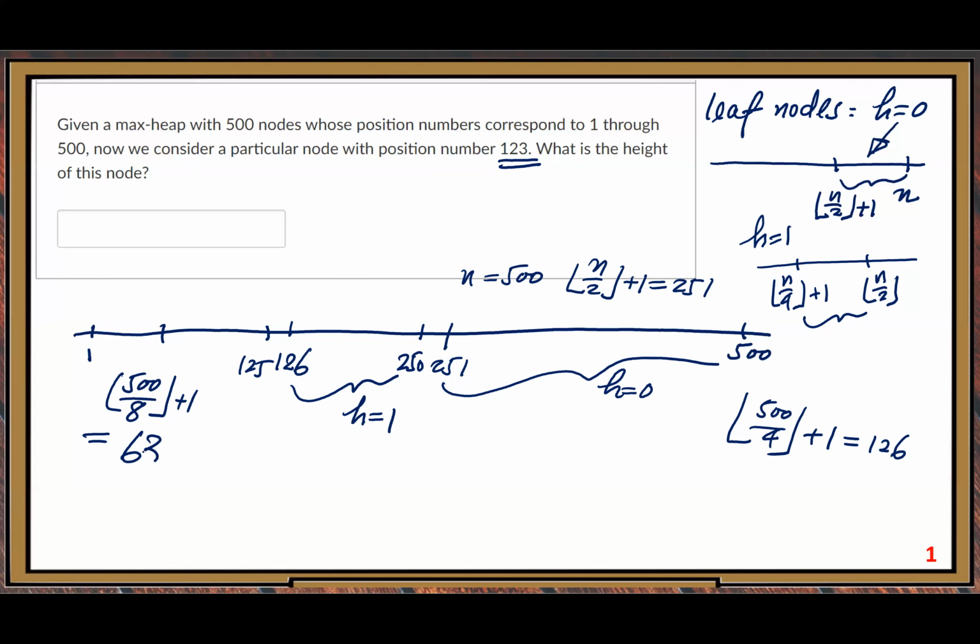Okay? Yeah. So this lower bound, 63. So 123 corresponds to this range, h equals 2. Okay? Yeah. H0 range, H1 range, H2 range. See? Yeah. So the answer is 2. Okay? Answer is 2.